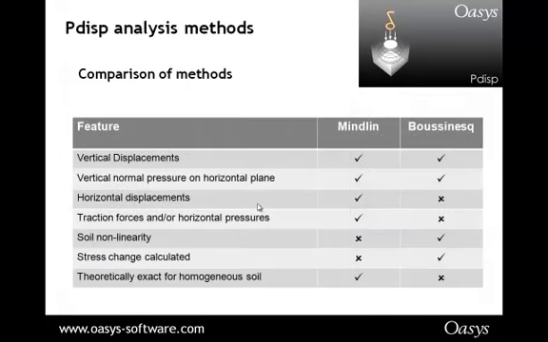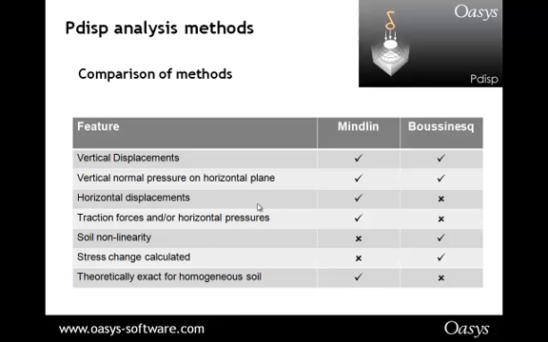And this graph helps you figure out which you should be going for. For example, if horizontal displacements and traction forces are important for your problem, or if you need a theoretically exact answer for some kind of homogeneous soil, you would be thinking about going for the Mindlin method. Whereas for the Boussinesq method, soil nonlinearity and stress changes are calculated.